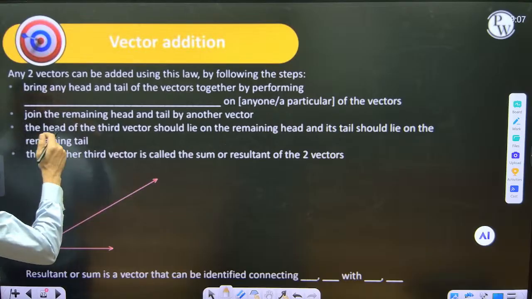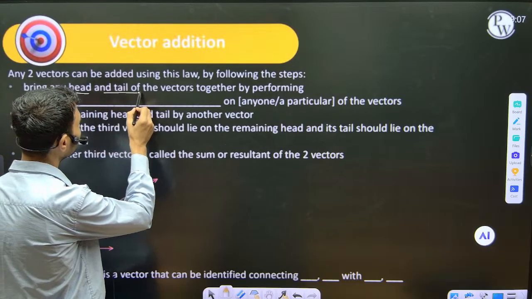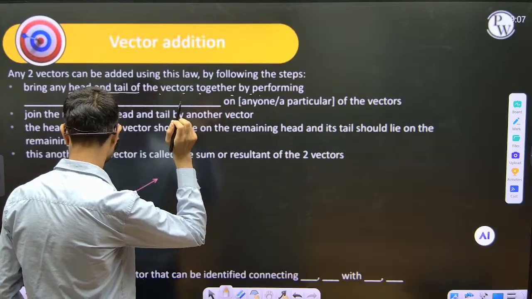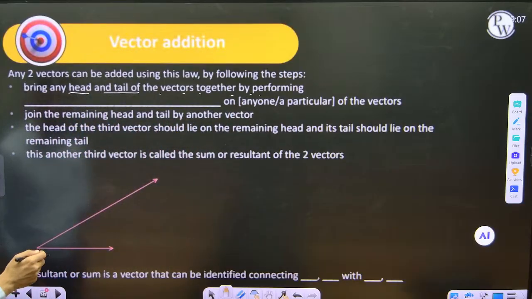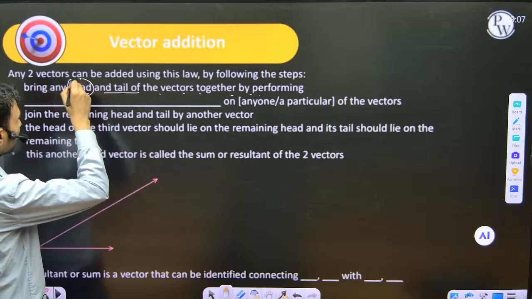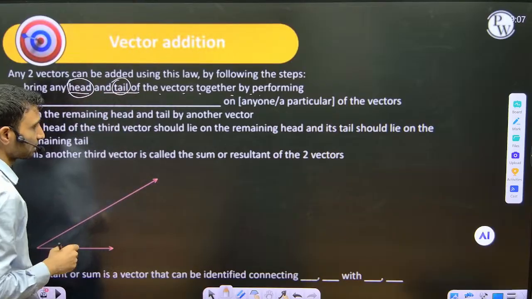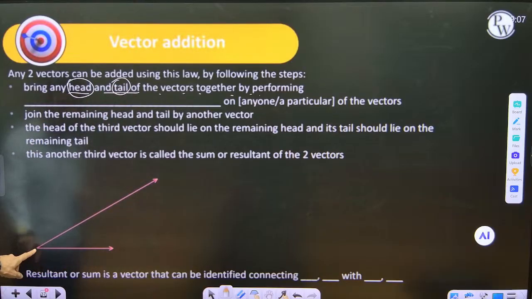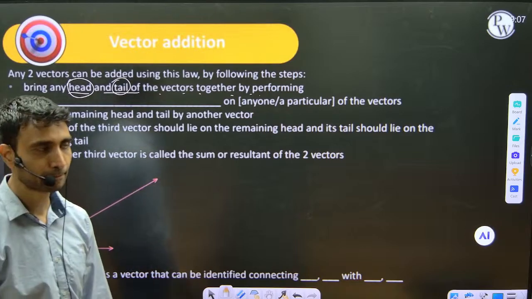First one is: bring any head and any tail of the vector together. So you have to bring what? Read it again. Head and tail you have to bring together. Right now, if you see what is together, tail and tail are together. This is not done. No, I don't want tail and tail.